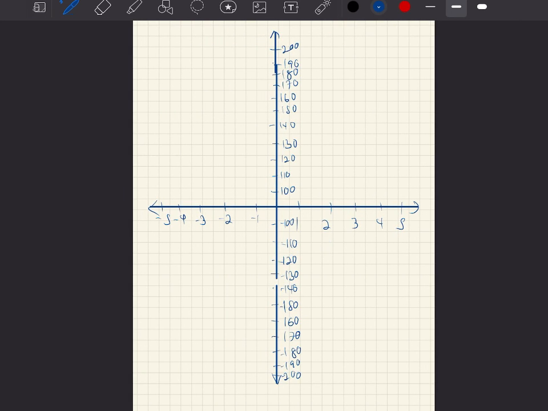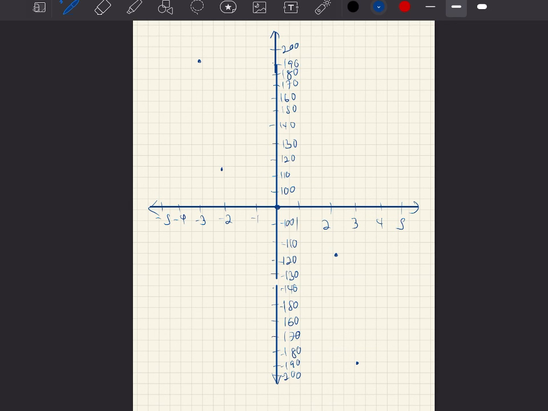So the local maximum will be in this area, and the local minimum will be in this area, around here, and also the inflection point here.